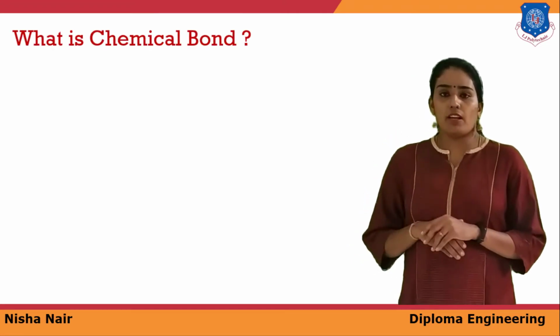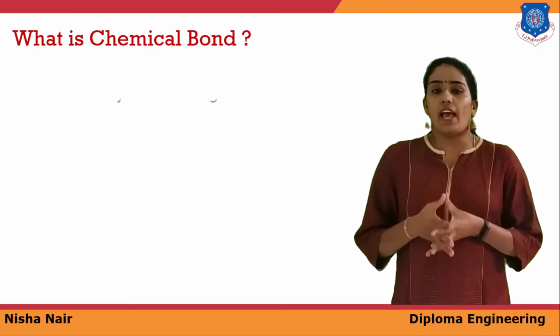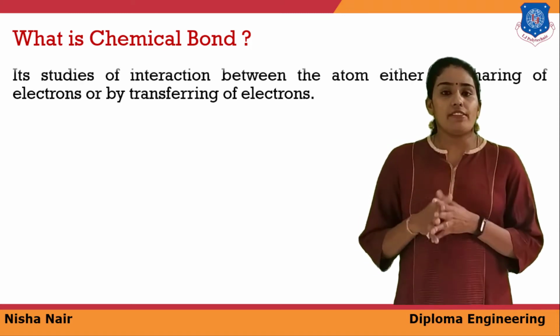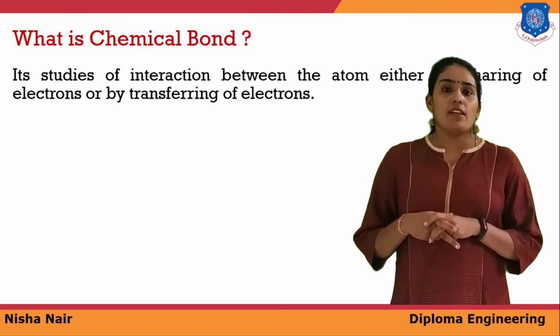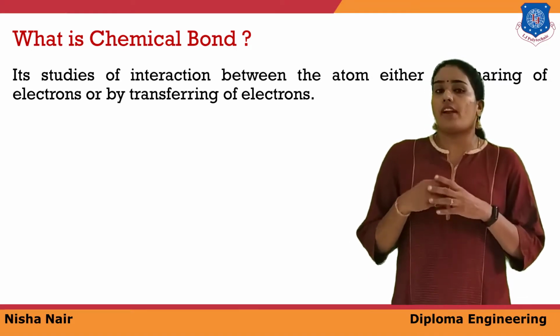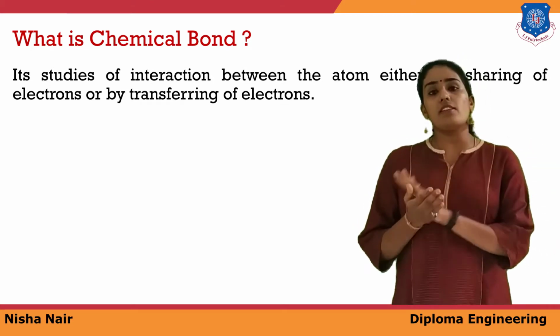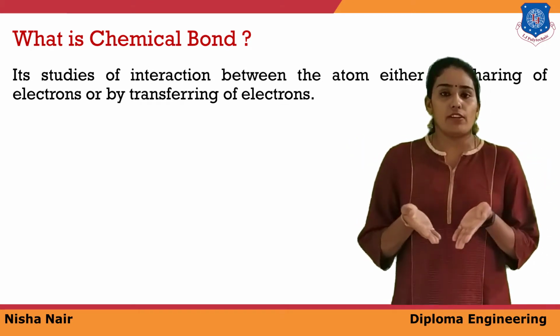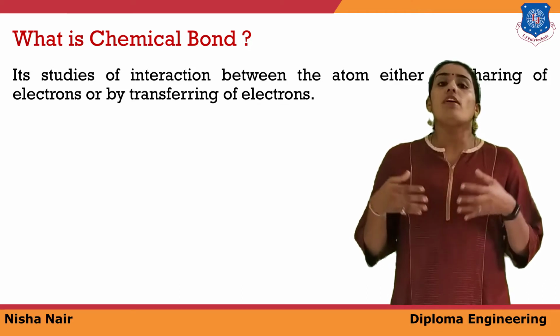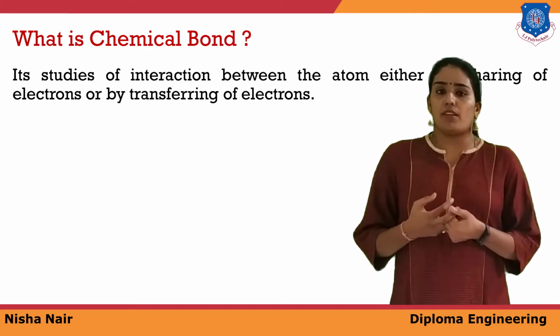What is chemical bond? Chemical bond means interactions between the atoms, or the study of interactions between the atoms. It can be either by sharing of electrons or transferring of electrons. Electrons can be transferred from one atom to another atom, or shared between the atoms. So the interaction can be different. Such interactions are known as a chemical bond.